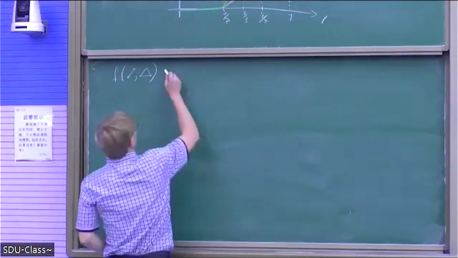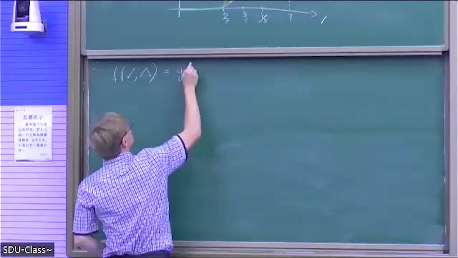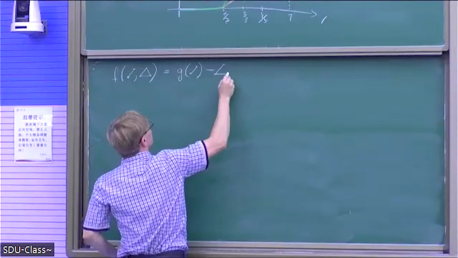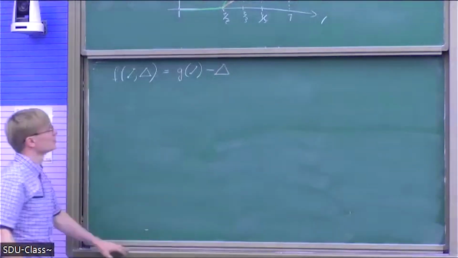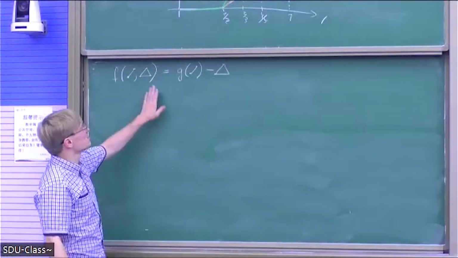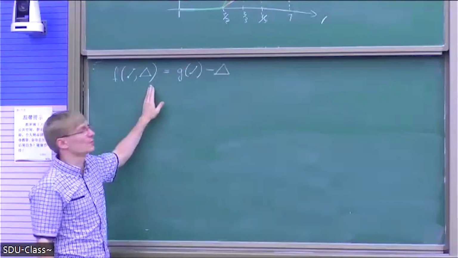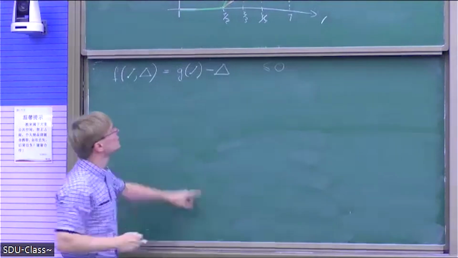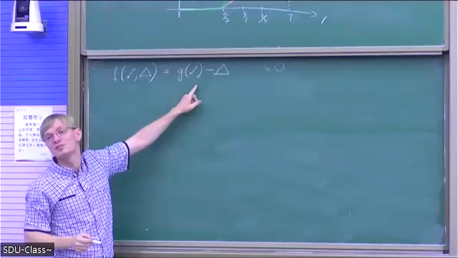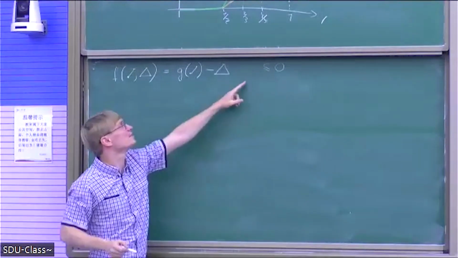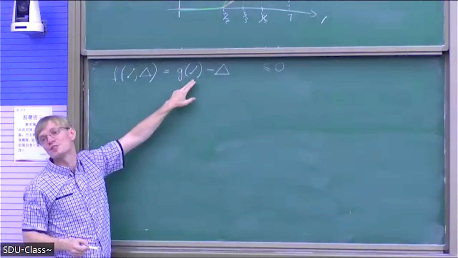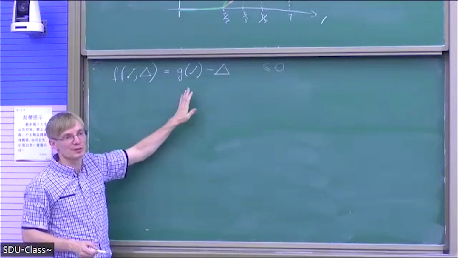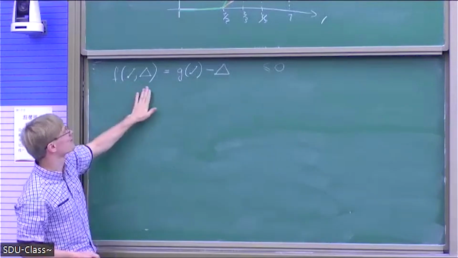Okay, so as my function, I'm taking G of edge density minus triangle density. Why this? Know that if I maximize this function, and I'm able to prove that the maximum is 0, then it exactly means what I need. Yeah, it means that triangle density is at least G, a function of edge density.